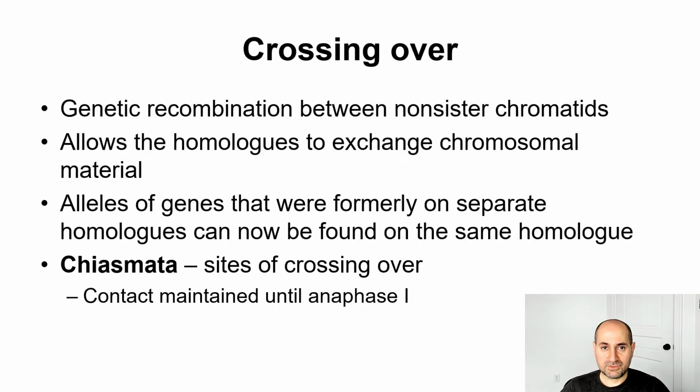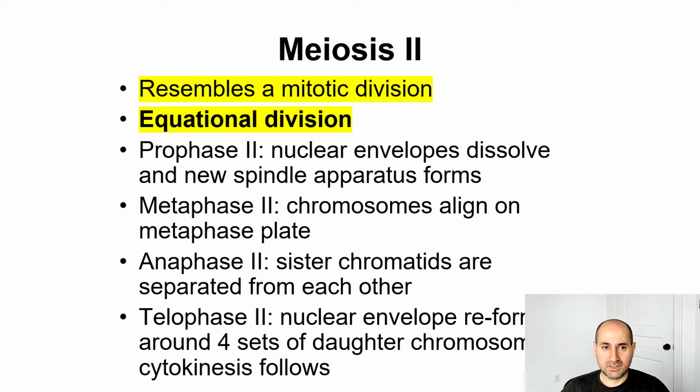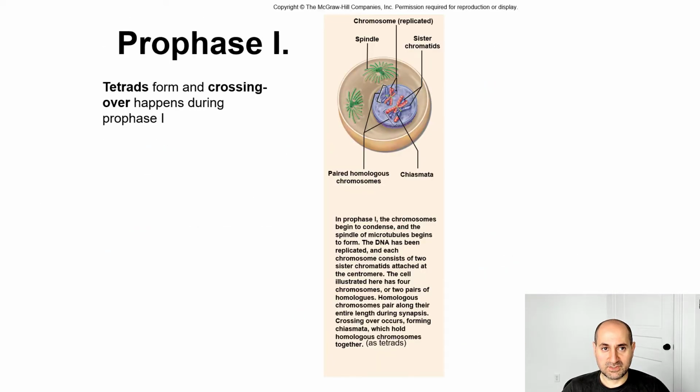And what was meiosis 2 called? Do you remember? I'm going to skip ahead. Meiosis 2 is called equational division. So please remember that for the exam.